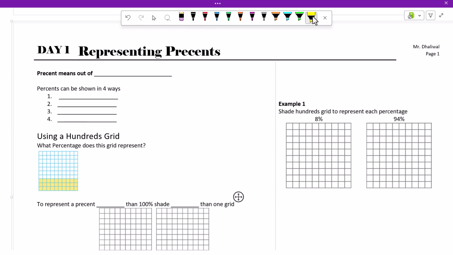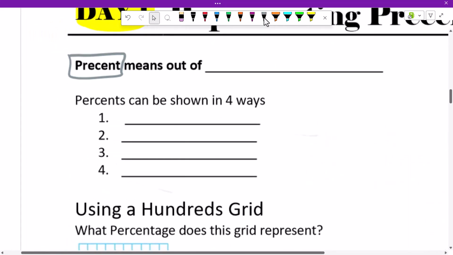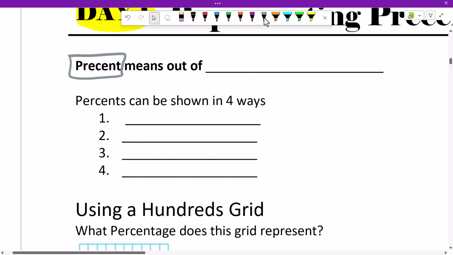Okay, so day 1. Today, we're going to talk about different ways we can represent percent. Now, if I say the word percent, it means we're out of something. Out of 100. Percents are always out of 100, which makes it nice for comparison.